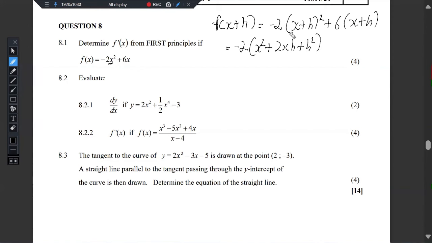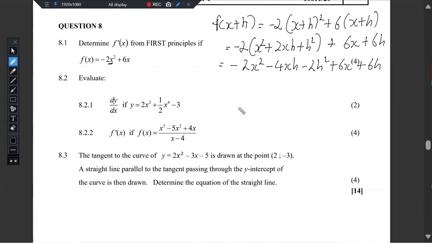At this point, you've already memorized that. Then plus 6 times x is 6x, 6 times h is 6h. Then you can start multiplying inside by the negative 2: negative 2x squared minus 4xh minus 2h squared plus 6x plus 6h. Now, are there any common factors? No, no common factors. So we're going to leave it like that.